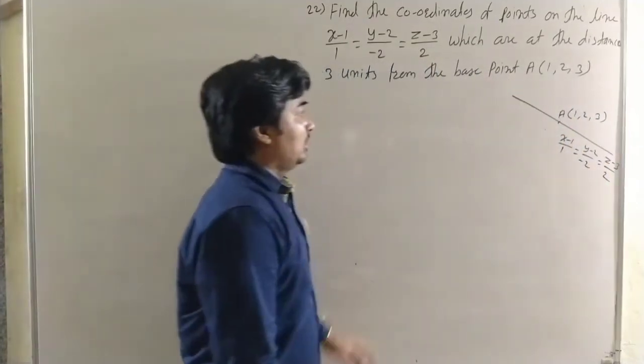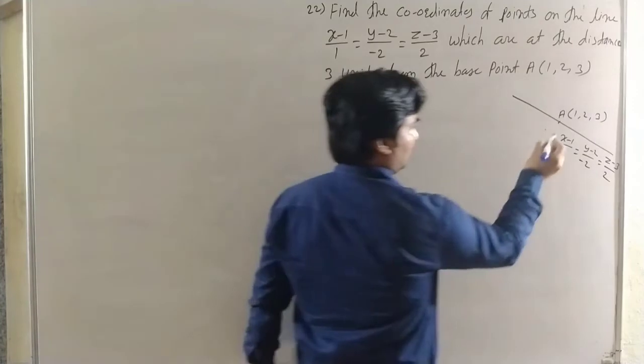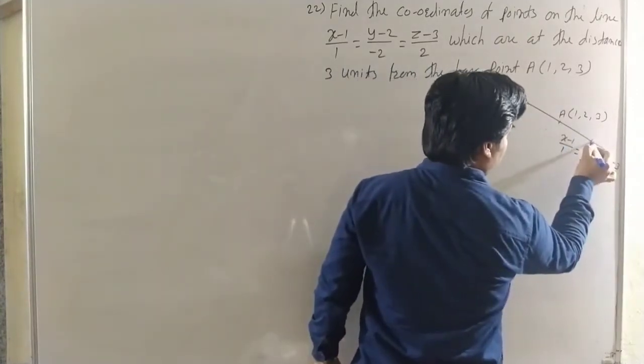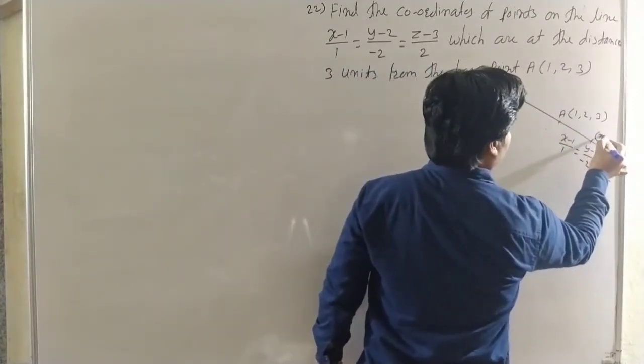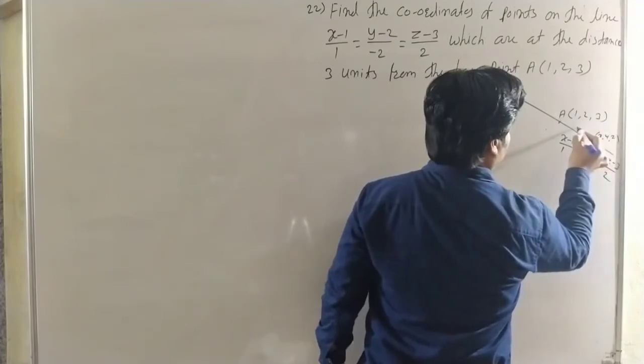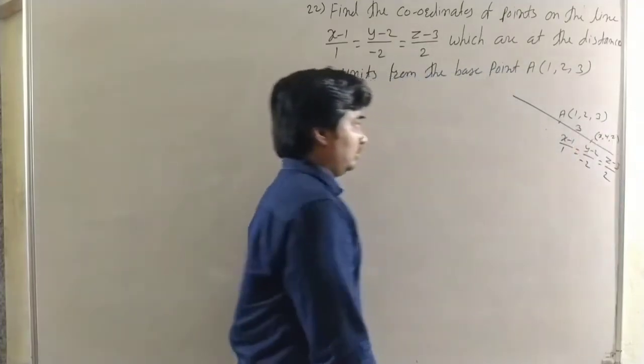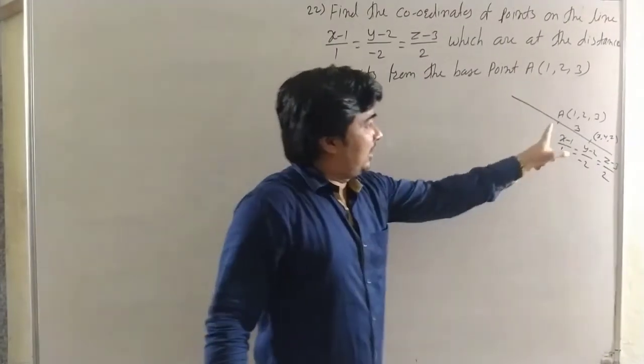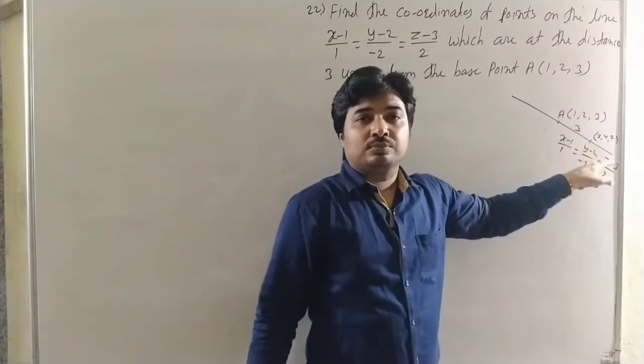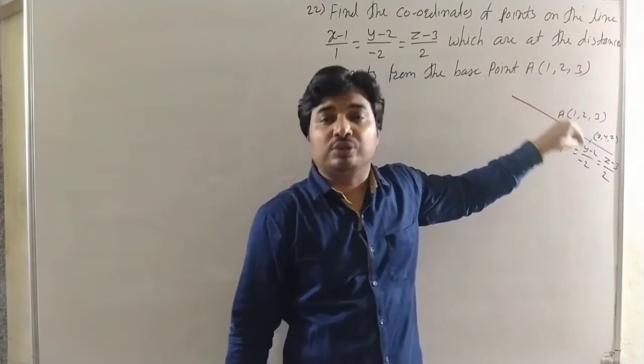We want to find the coordinates of the point which are at a distance of 3 units. Suppose this is the point x, y, z, whose distance is 3 on the line. That means the distance between these 2 points is 3 units.